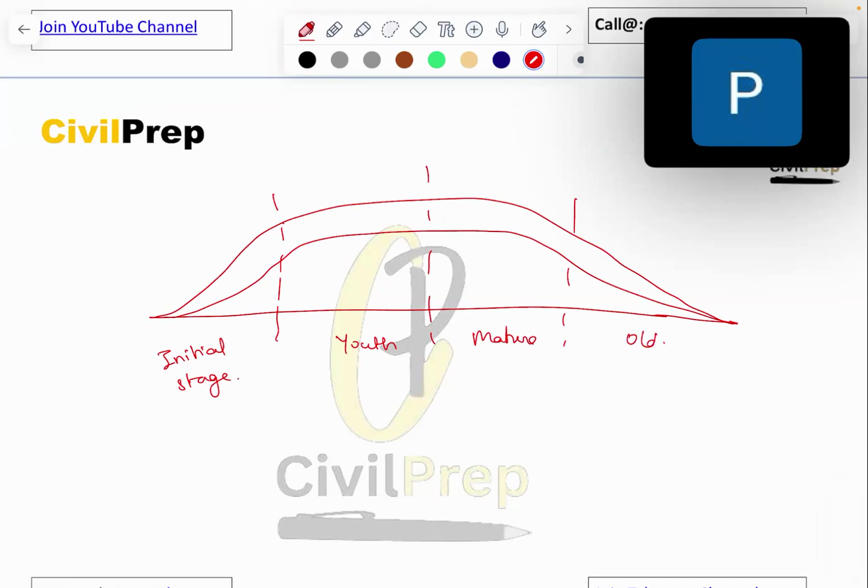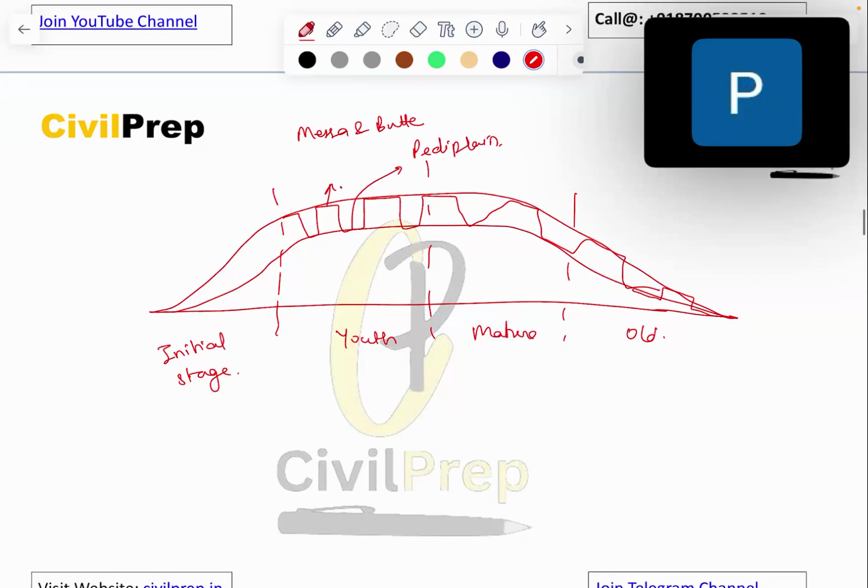Now, here there is development of two things. Number one, development of mesa and butte. And second, development of pediplain, which is starting from the youth stage itself. So these two things are quite important here.